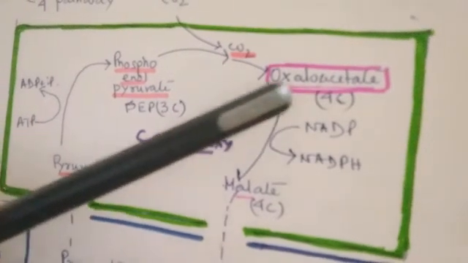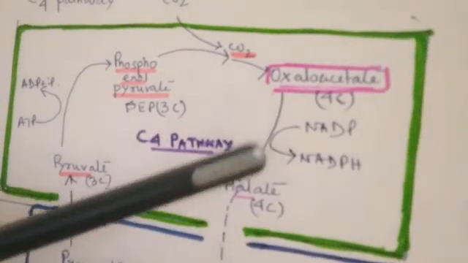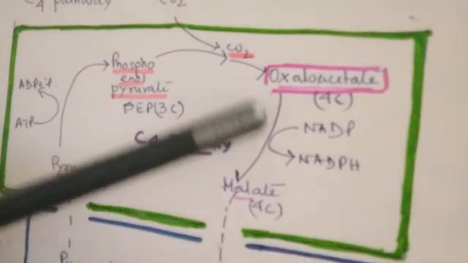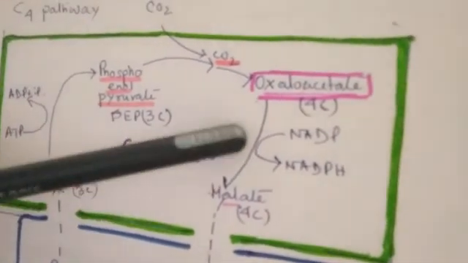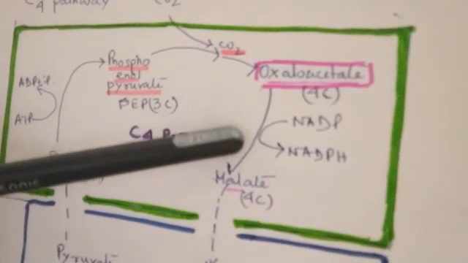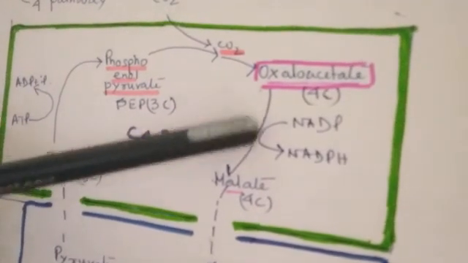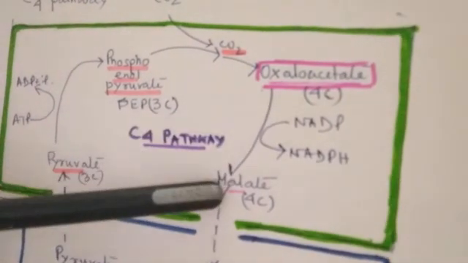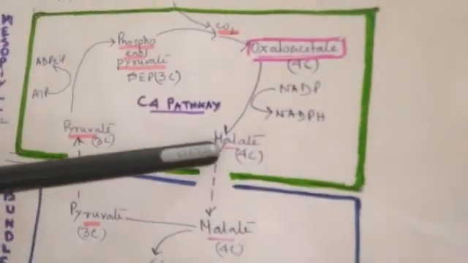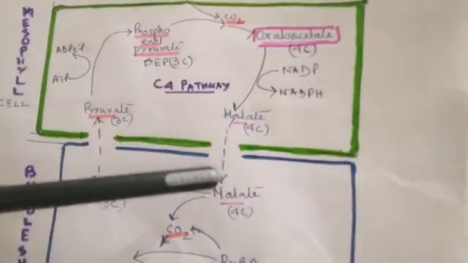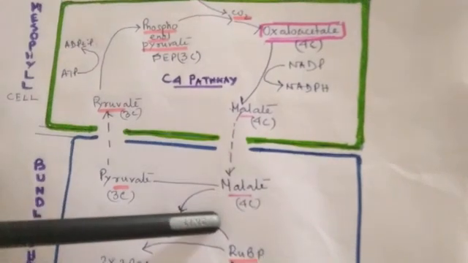From this oxaloacetate, hydrogen is released by the reducing agent NADPH, and finally it forms malate. Malate, through the plasmodesmatal connection, moves to the bundle sheath cells.